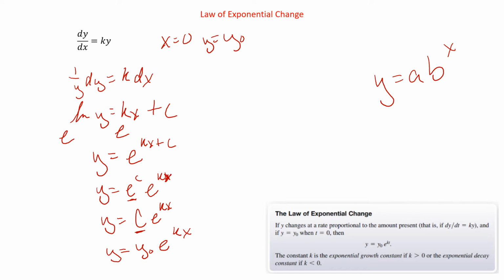If it was less than 1, it was decay. That negative in the k value would make it a 1 over b, so it would make it 1 over e, which is a number less than 1. So that number less than 1 or a negative in the exponent is the same idea. And we'll talk about different bases in just a couple minutes.